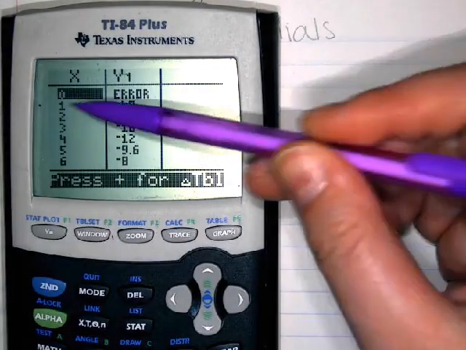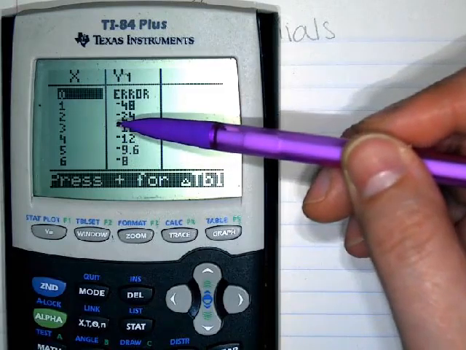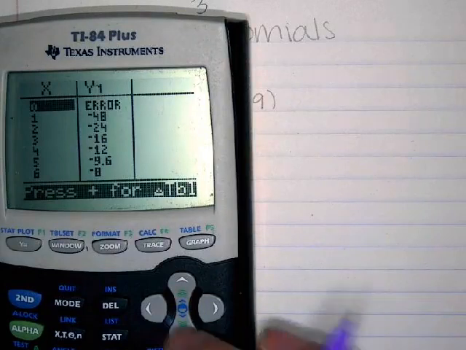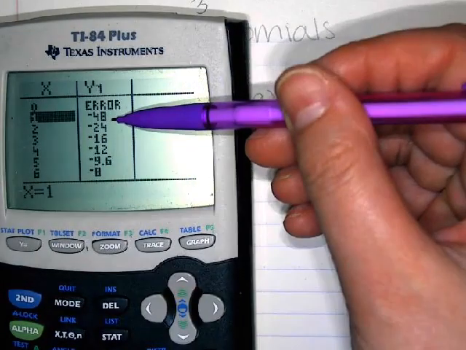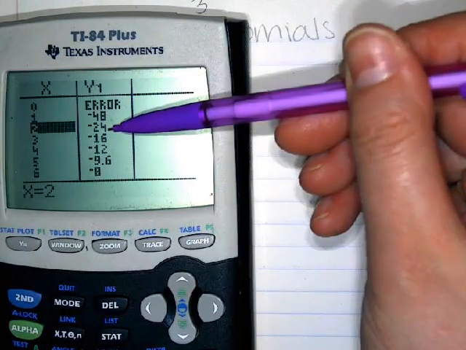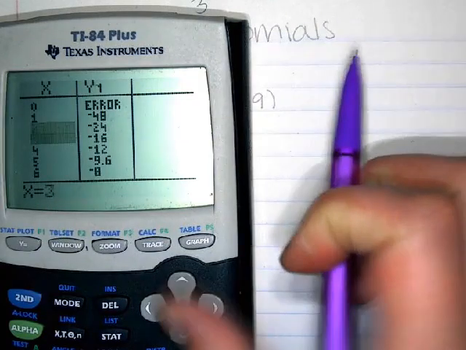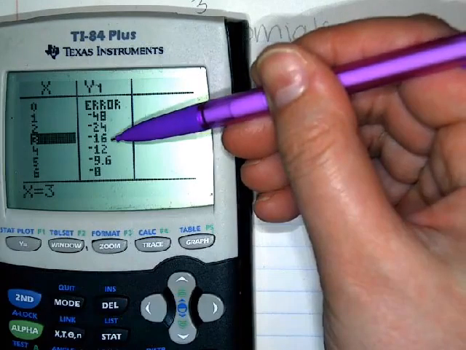All of these multiply to the correct number. I'm looking for the ones that add to positive 2. So 1 and negative 48 adds to negative 47. 2 and negative 24 adds to negative 22. 3 and negative 16 adds to negative 13.